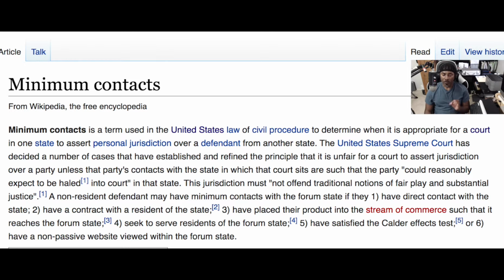Now, pay close attention to this next piece, okay, because it's crucial to your understanding of minimum contacts.